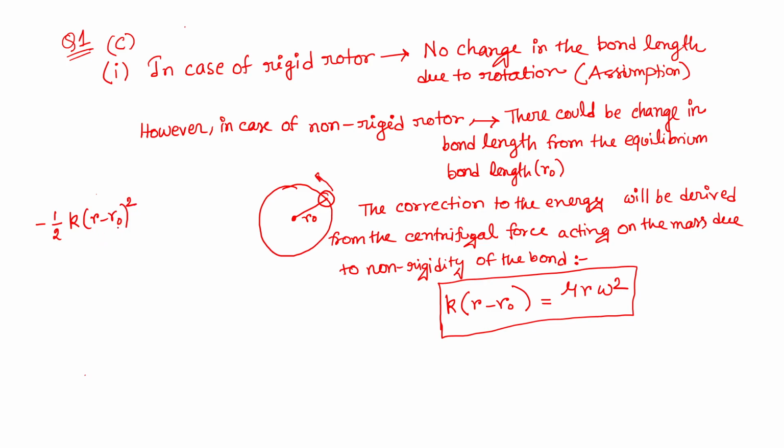Suppose this minus term is not there, so from here we are going to get k square r minus r0 square is actually mu square r square of 4, and like that, we are going to get the angular momentum to the power 4.